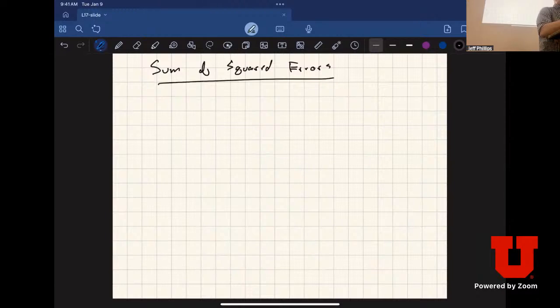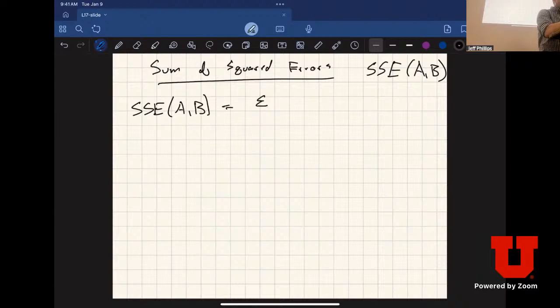Call this the SSE objective from A down to B. I'm going to write this now as a sum over all the data points in A, of the distance from that data point to its projection onto the subspace defined by B. And I'm going to square it, right?